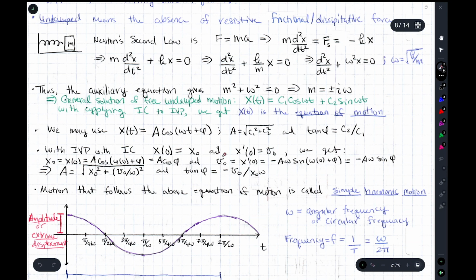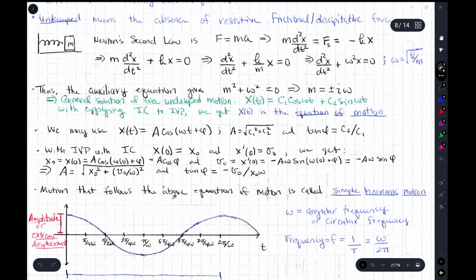So we may prefer to use them instead of C1 and C2, and if we do, we start at t equals 0 with position x naught, and at t equals 0, x prime, the derivative with respect to time, that's the velocity, so the initial velocity v naught. What we could do is take this form and apply the conditions on it. This will give us that x naught is equal to A cosine phi. V naught is equal to this.